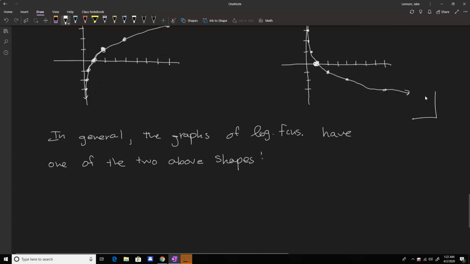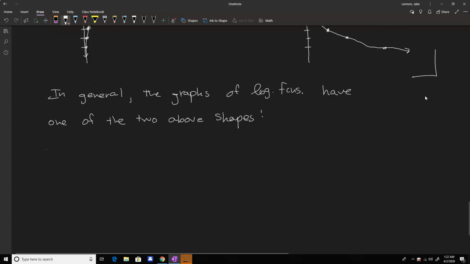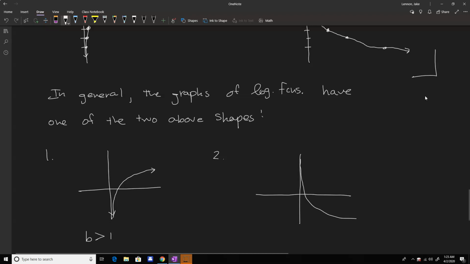So basically, 1, if your graph looks like this, if it's an increasing logarithmic function, that happens when your logarithmic base is greater than 1. And 2, it has that decreasing shape if b is between 0 and 1.